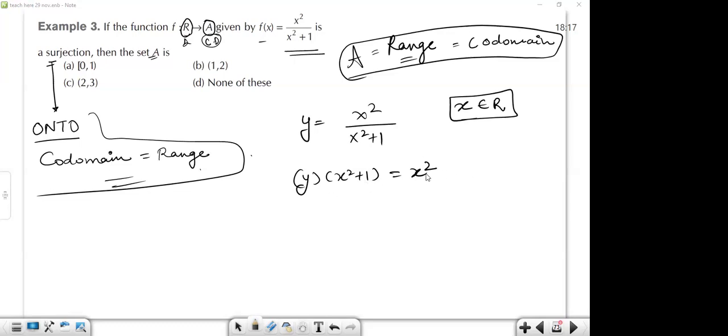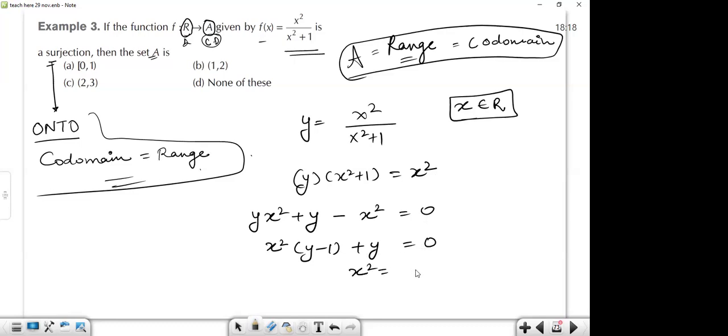Then let's bring this expression to the left hand side. Y x square plus y minus x square is equal to 0. X square common, y minus 1 plus y is equal to 0. So x square is equal to minus y divided by y minus 1.